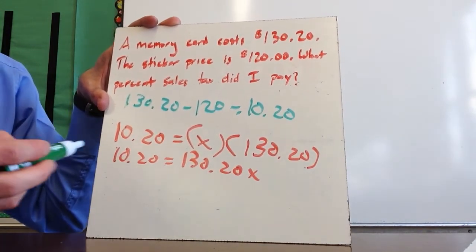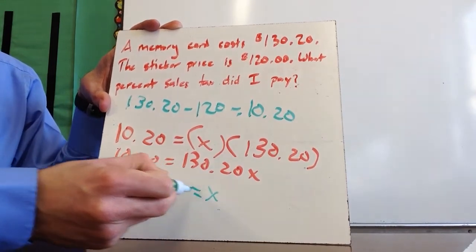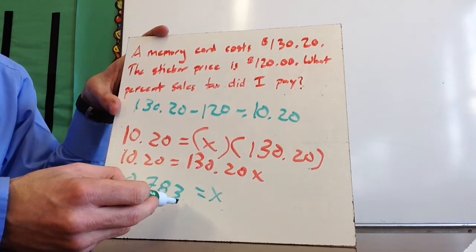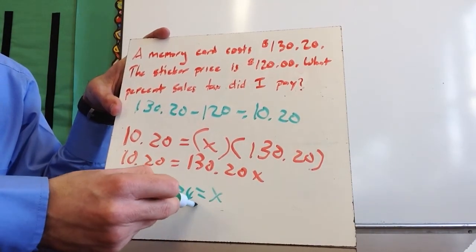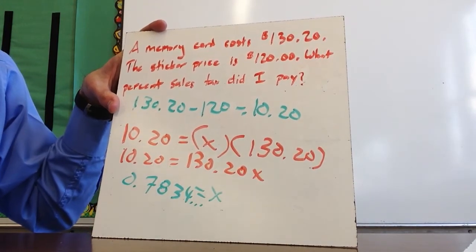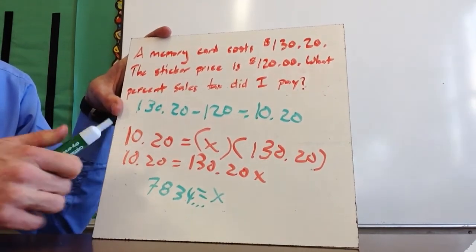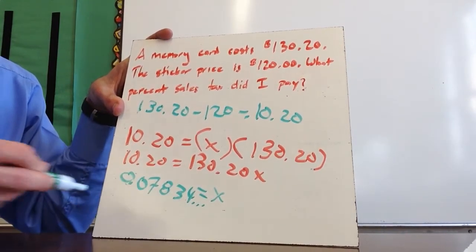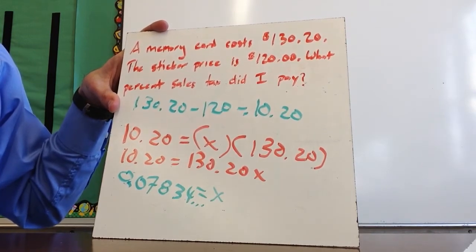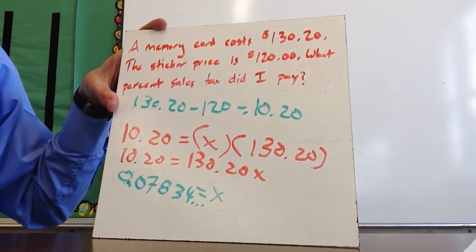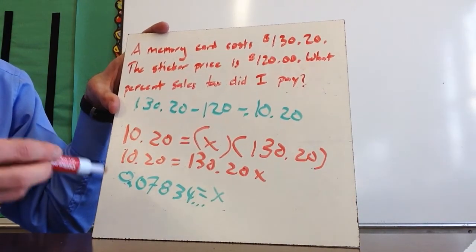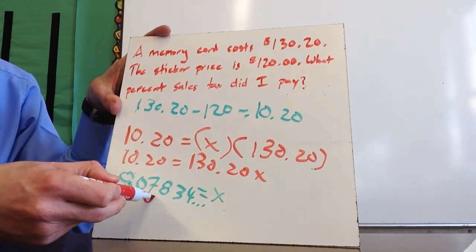And I end up with x equals 0.0783, 0.07834... Now, as I take that number and I want to change it to a percent, remember I can use my percent trick, which is 1, 2.